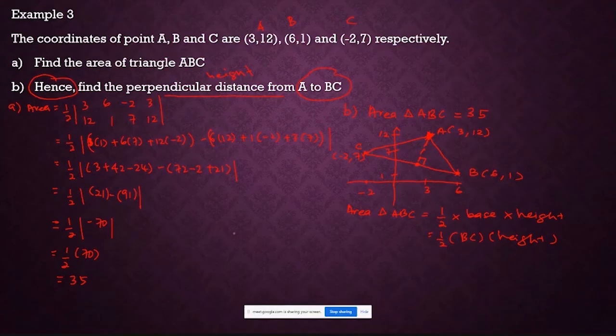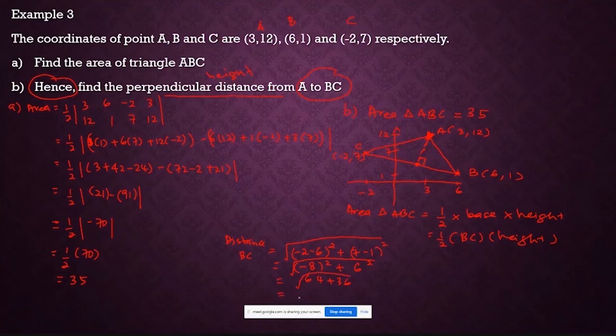So now we must calculate BC, the distance of BC. My distance BC equals, by the distance formula, the square root of (negative 2 minus 6) squared plus (7 minus 1) squared. So equals the square root of (negative 8) squared plus 6 squared, which is the square root of 64 plus 36.